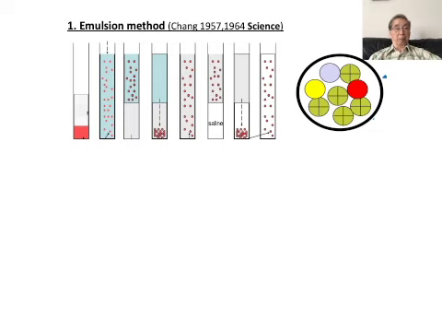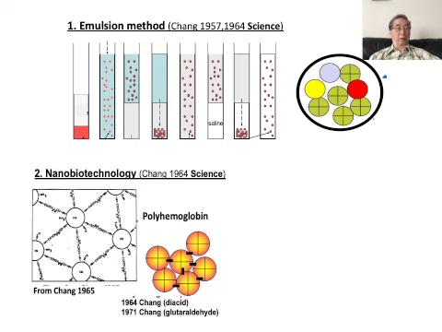There are different basic methods of preparing artificial cell. One of this is by emulsion method to form artificial cell with the membrane. Another approach is nanobiotechnology based on the cross-linking of hemoglobin into polyhemoglobin.